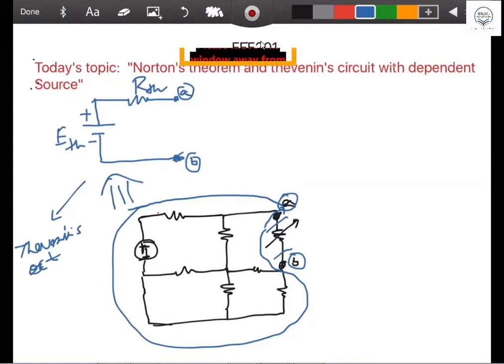Because he thought that Mr. Thevenin made the equivalent circuit like this. He was thinking that this looks like what? Hey, can you tell me? Mr. Norton found it in his dream that this Thevenin's equivalent circuit looks like something. Can you tell me it looks like what? What do you think? Anyone?